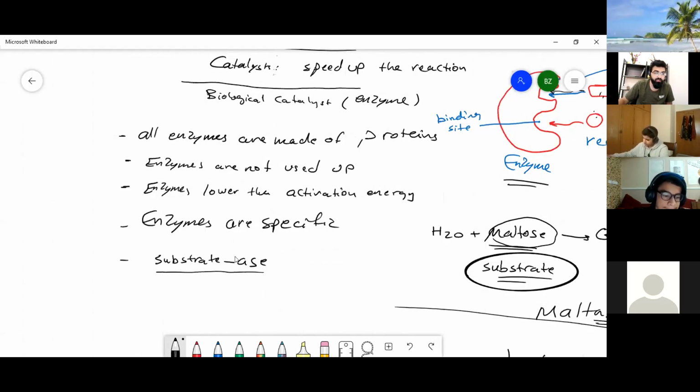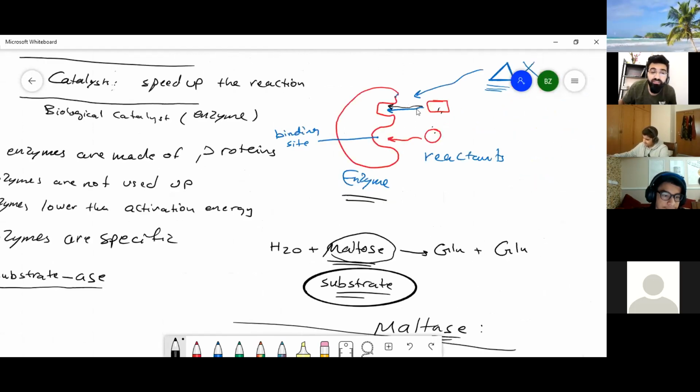Remember, the substrates are the reactants which fit with the active site of the enzyme. Guys, you have to remember an important thing. Scientists put forward a theory for that. In the beginning, they said the substrate and the active site fit completely, like a key and a lock.